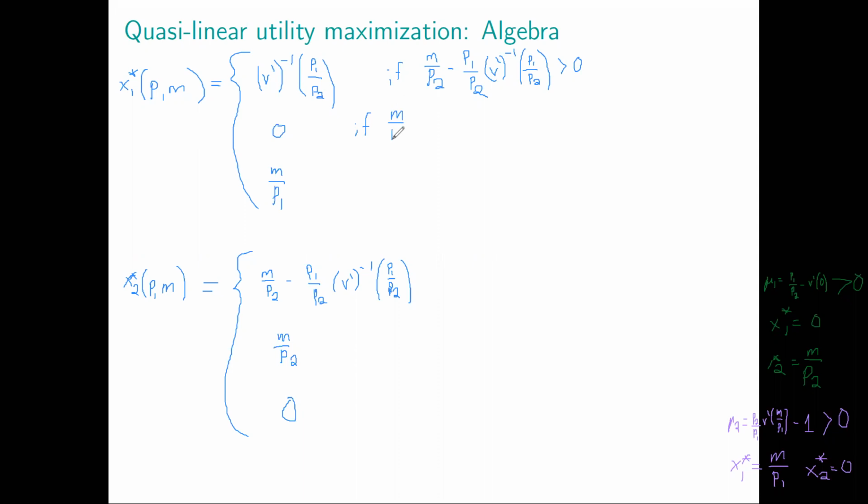We'd need to do if m over p2 minus p1 over p2 times v prime inverse of p1 over p2 is less than or equal to 0, and this thing here. And then we're also going to have the same kind of conditions here.